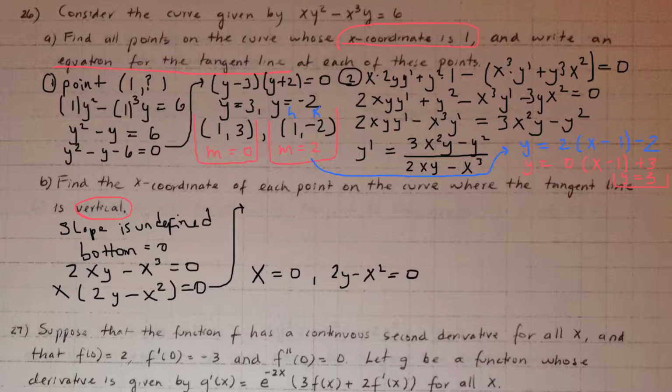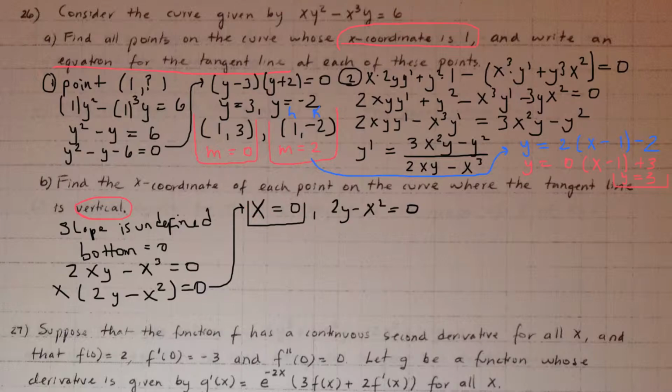I'm just setting each one of those two factors equal to 0. The first one gives me an answer already. It says that x must be 0. And see the question? Find the x coordinate of each point where the tangent line is vertical. So there's one point.